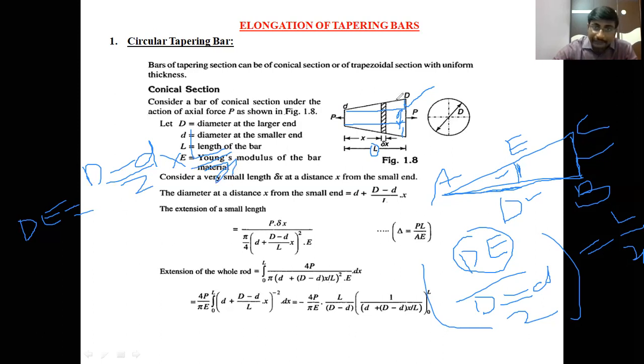This is the DE value, from this place to this place. The small length is DE. Like that, here also there is one similar small length DE. So the total length is 2DE. Clear?